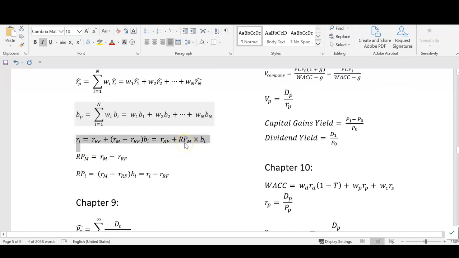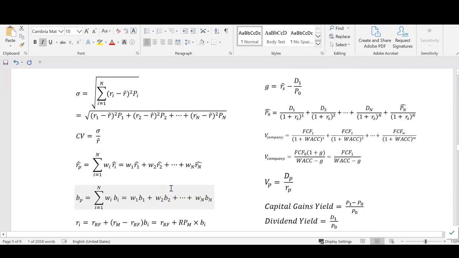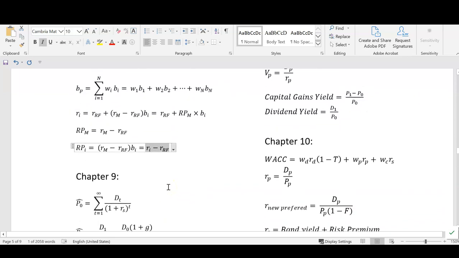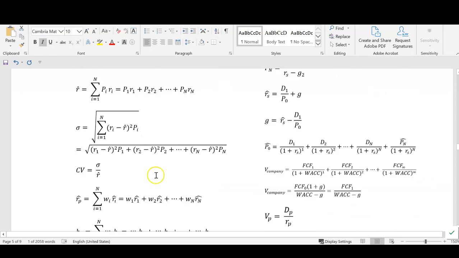Market risk premium equals RM minus RRF. Stock risk premium, RPi, equals market risk premium multiplied by beta, which is also Ri minus RRF. These are formulas for chapter 8.